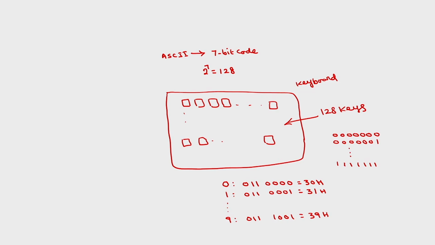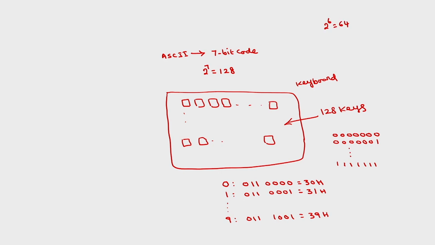Similarly, we have extended binary coded decimal. So why are this many codes and keys required? If I use a 6-bit code, initially there were computers with 6-bit code, which is called 6-bit internal code. Using a 6-bit internal code, how many different keys can we have? 2 raised to the power of 6, which is equal to 64.